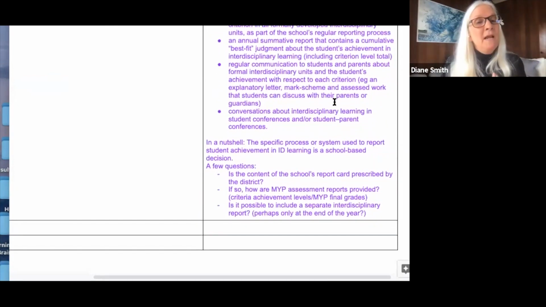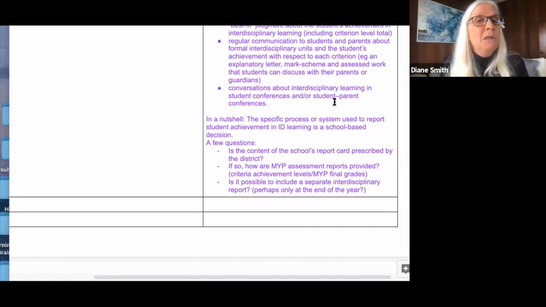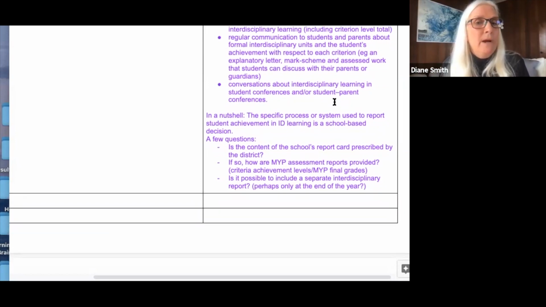They might have, just at the end of the year, one summative report that contains the cumulative best fit overall judgment about the student's achievement in interdisciplinary learning. They might just communicate it in a letter to parents and students. They might have a conversation in student conferences.